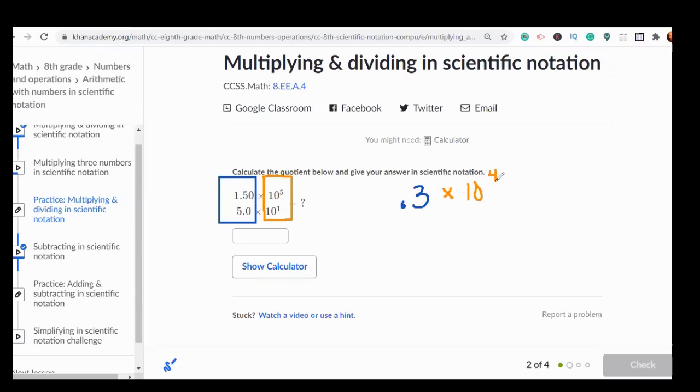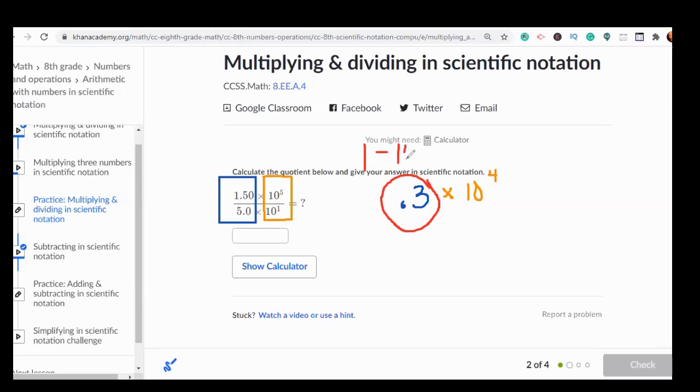Okay, so we've done the math, the scratch work, and we just need to check now, is our answer really written in scientific notation? I mean, it looks like it. We've got a number times a power of 10. Well, remember, the number in the front has to be between 1 and 10.